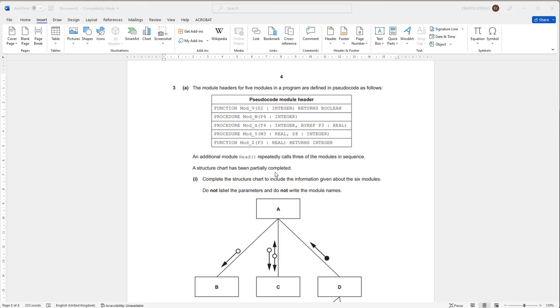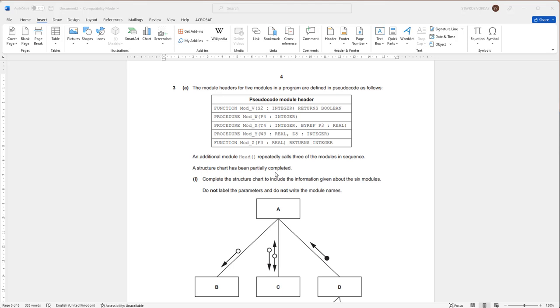Now, in order to solve questions like this, we need to remember a few things. One of the things that we need to remember, which is a dead giveaway in certain situations, is the Boolean flag. A Boolean is represented by a circle that isn't hollow.